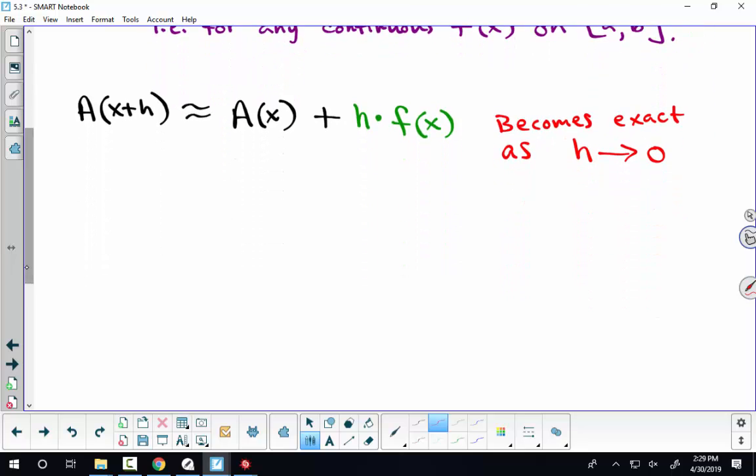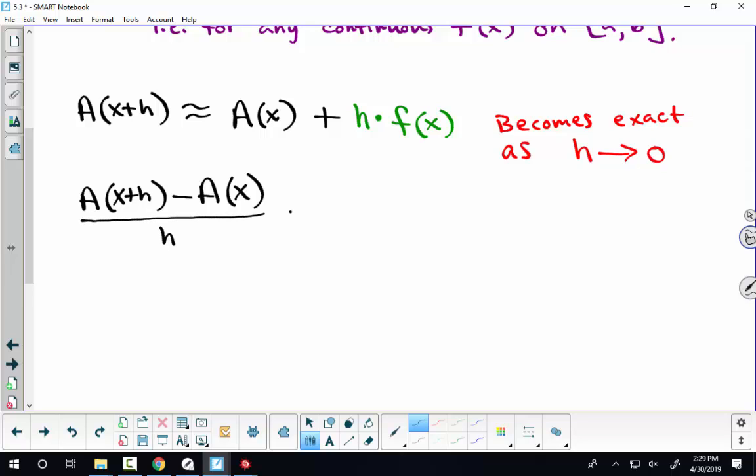Now we're going to rearrange this approximation and solve it for f of x. We subtract A of x on both sides, and then divide through by h. So f of x is approximately the area up to x plus h minus the area up to x, divided by h.